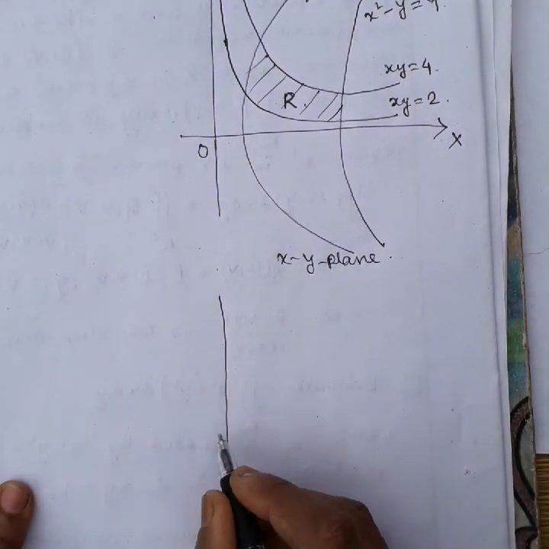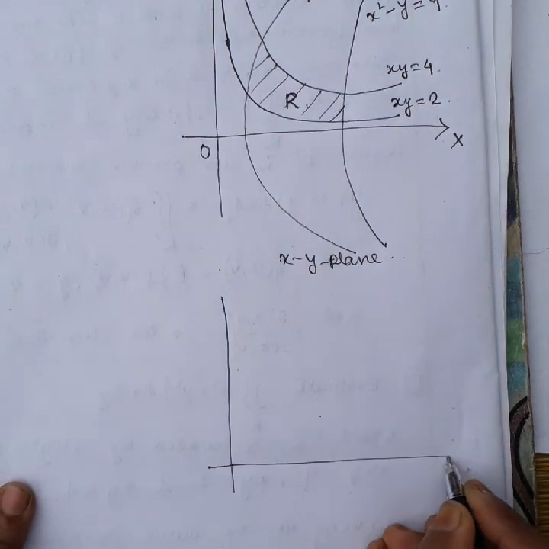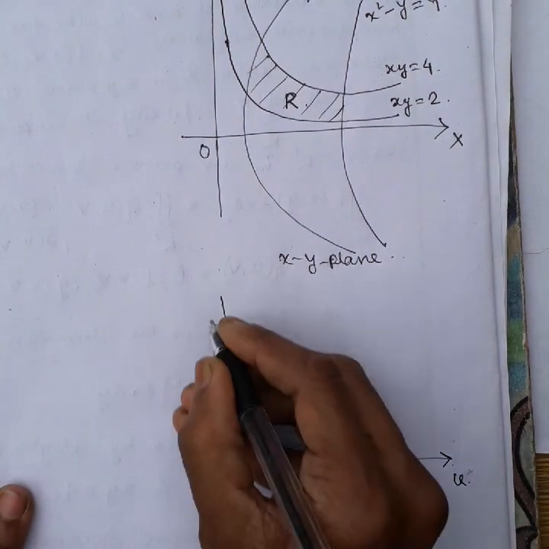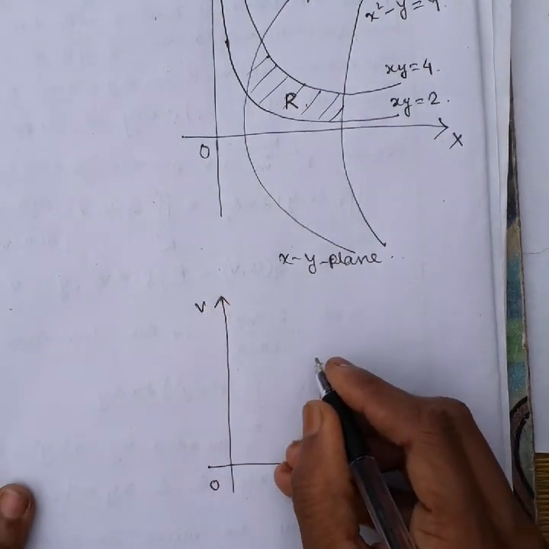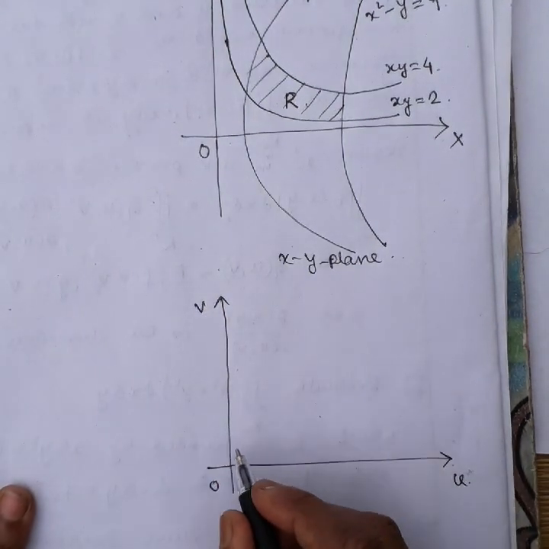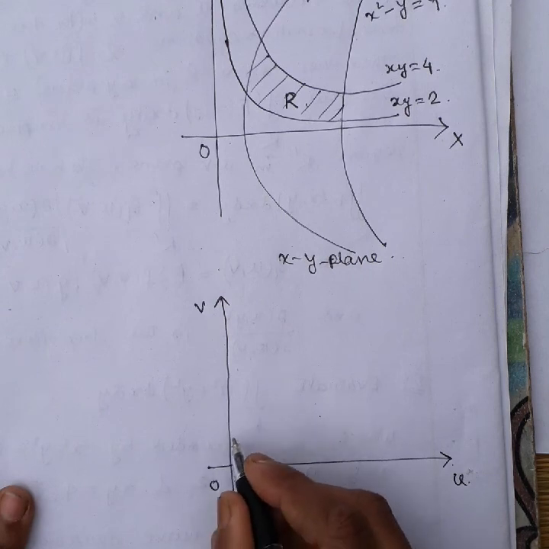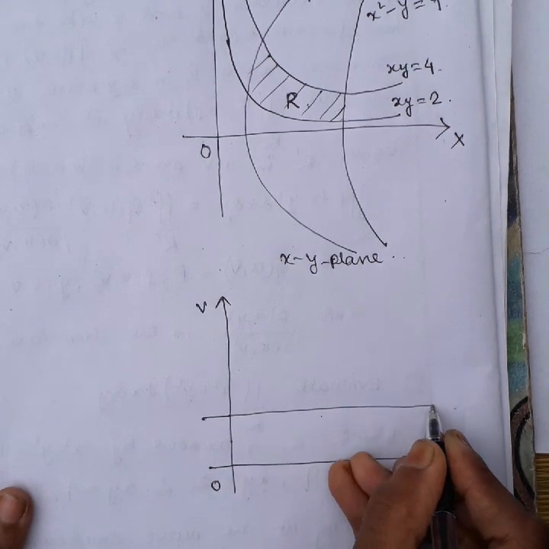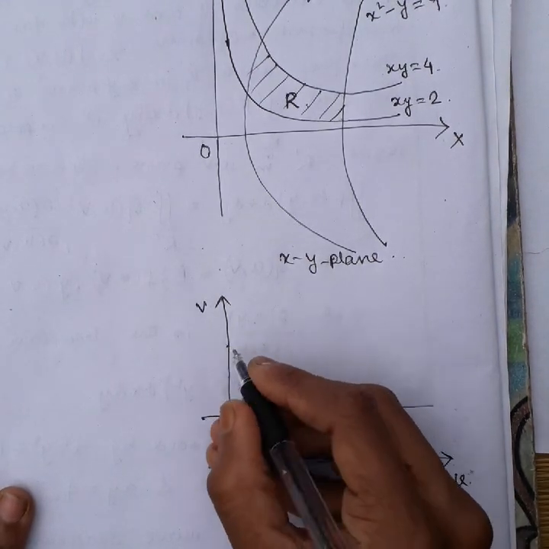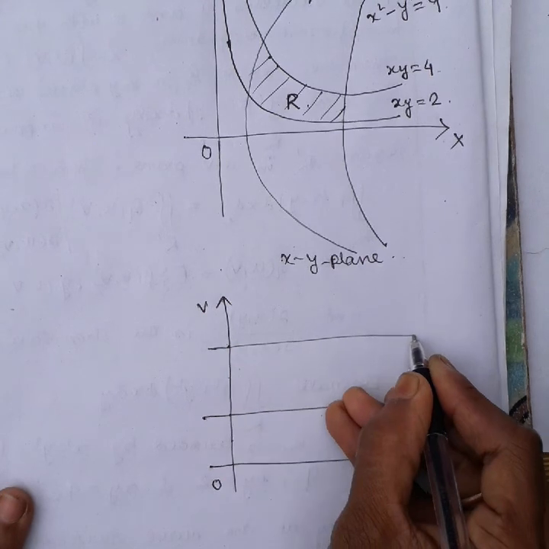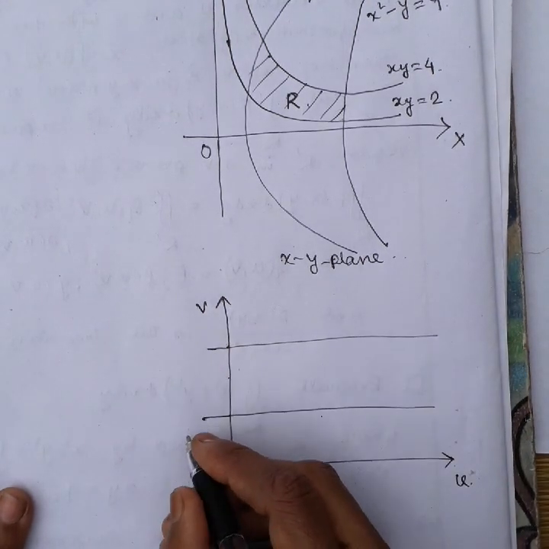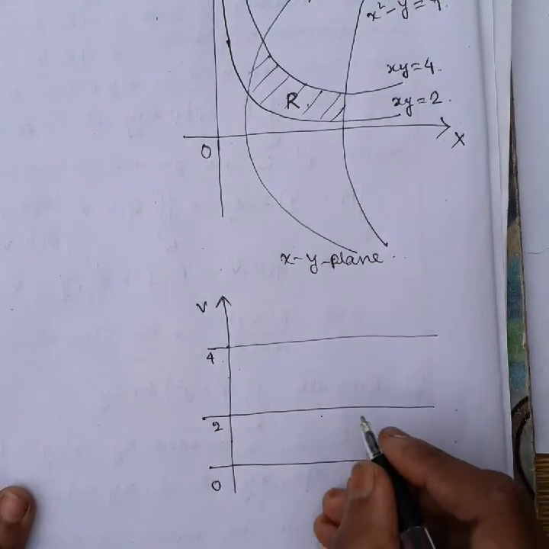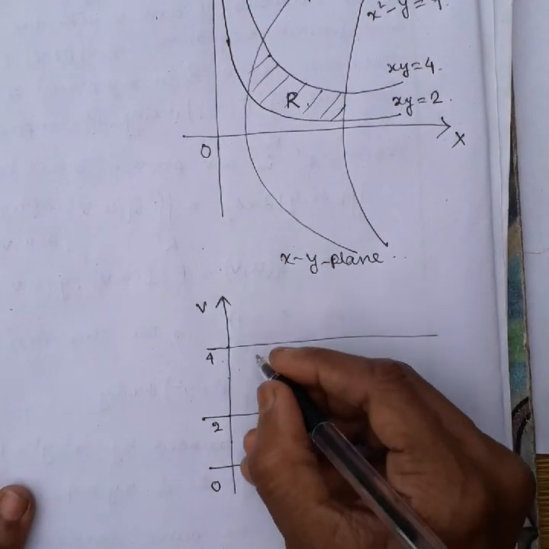After converting to the uv plane, v equals 2 and v equals 4, and u equals 1 and u equals 9.